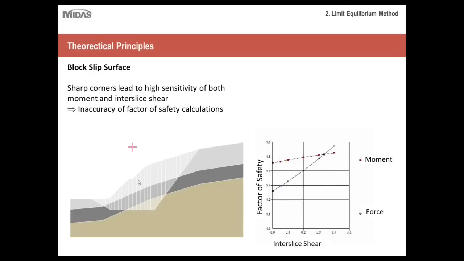So with this, because of these sharp corners and because of the extra resistance that you receive, essentially you're taking a very conservative approach to your LEM analysis, and you're assuming the slope is more stable than it actually is, because slopes don't really fail in shapes such as these.